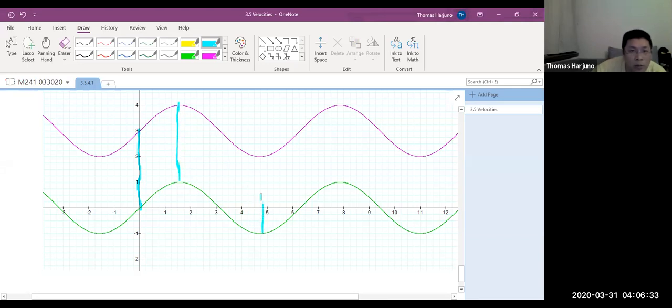From here, you move up 3 units. From everywhere, you move up 3 units.